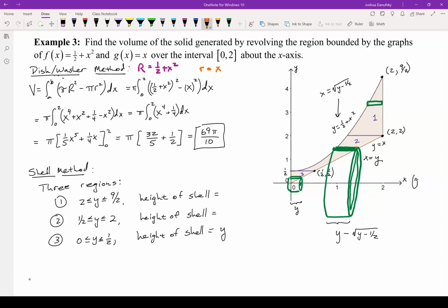In other words, this is the distance y, and we're subtracting off this distance here, which is the square root of y minus 1/2. Finally, looking at region 1, the height of our shell will be this distance here. And that's a matter of starting with 2 and subtracting off the parabolic curve, which is the square root of y minus 1/2.